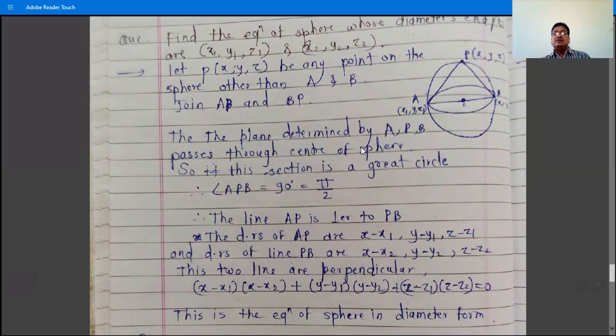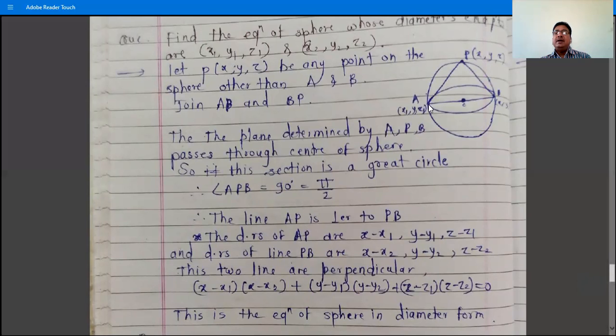Because this plane APB passes through the center of the sphere, the section of the sphere by this plane is a great circle, that is, the circle having the center C of the sphere as its center.